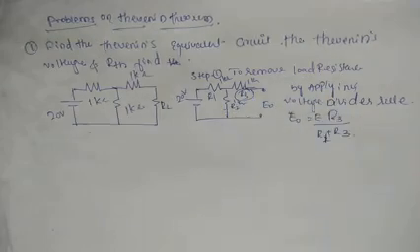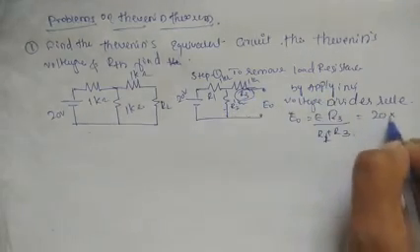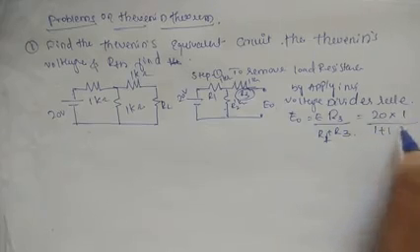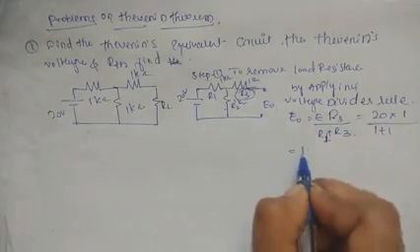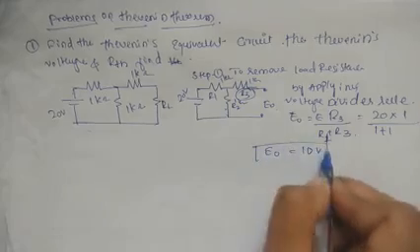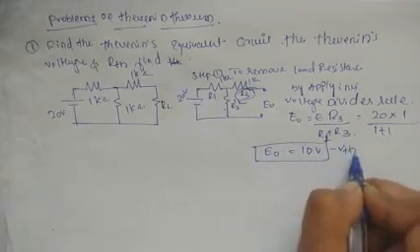This one is your opposite. 20 into 1 kilo ohm, 1 plus 1, 2 kilo ohm, 10 volt is the E0 or VTH.